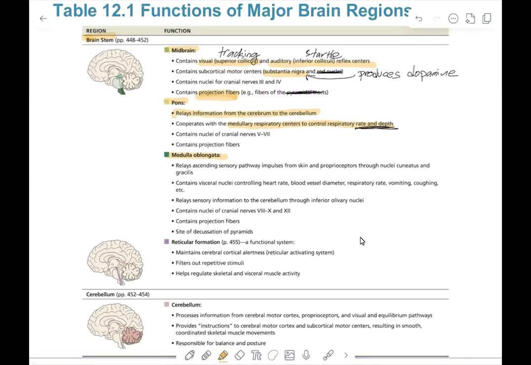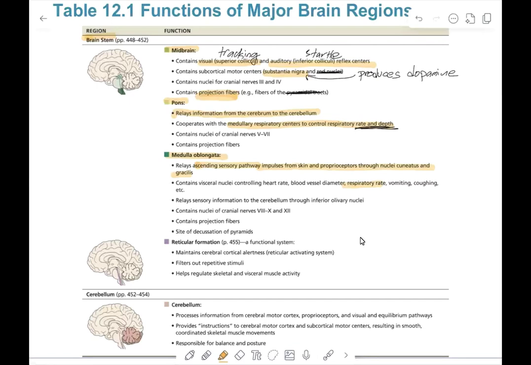Notice that the medulla is basically set to generating a respiratory rate. The medulla has ascending sensory pathways, impulses from the skin, and proprioceptors through the nucleus cuneatus and gracilis.